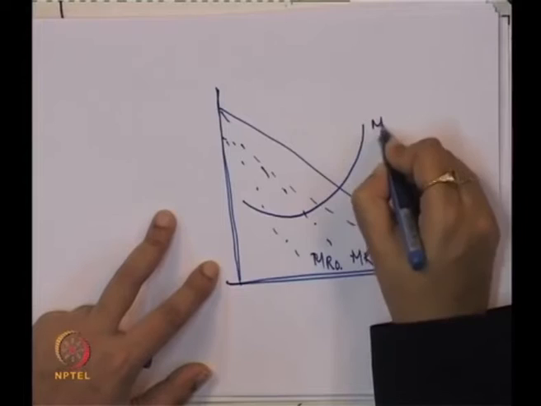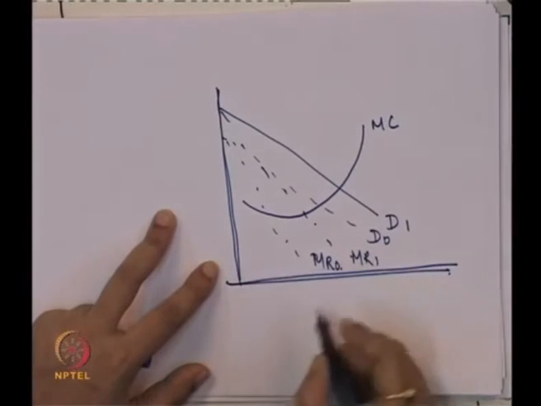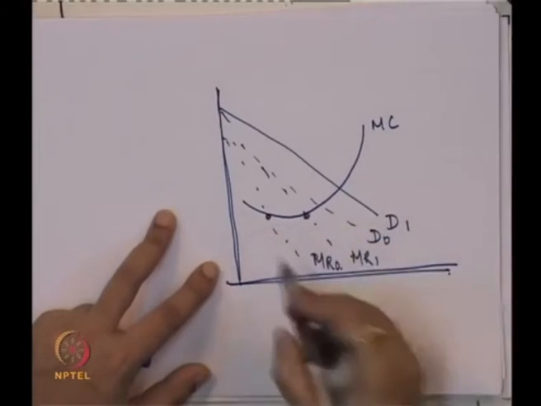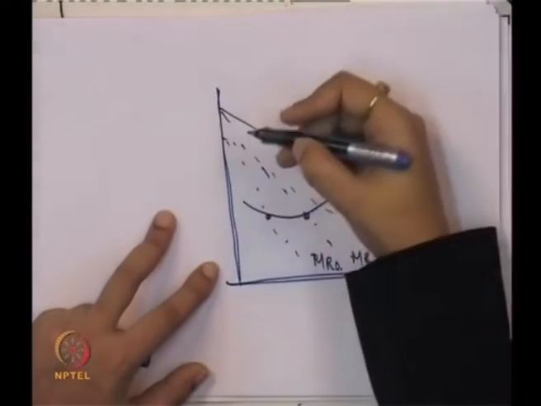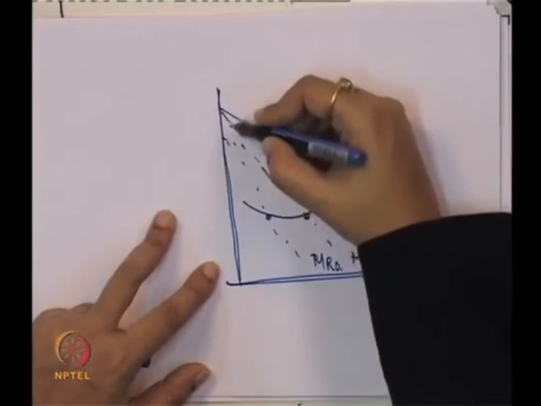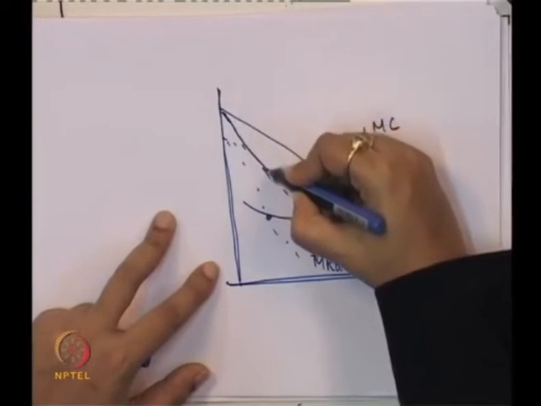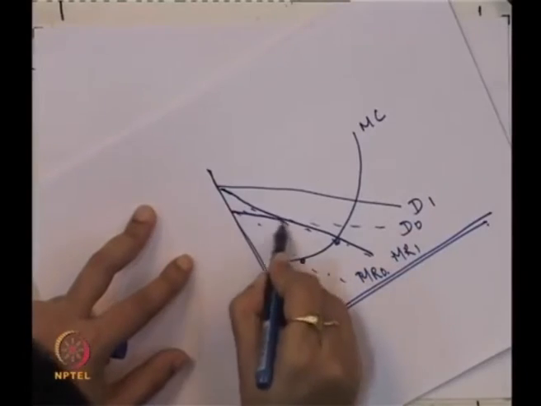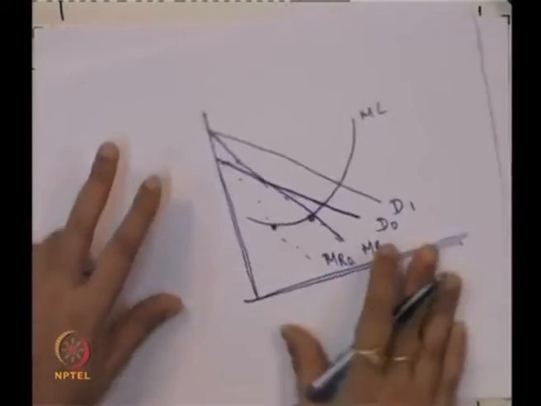This is the marginal cost. So, we have one point here, one point here. Join this point to understand more clearly. So, this is demand.